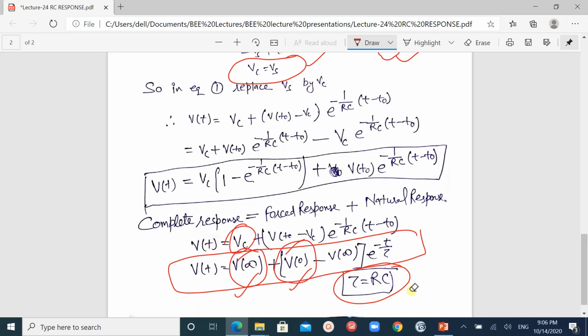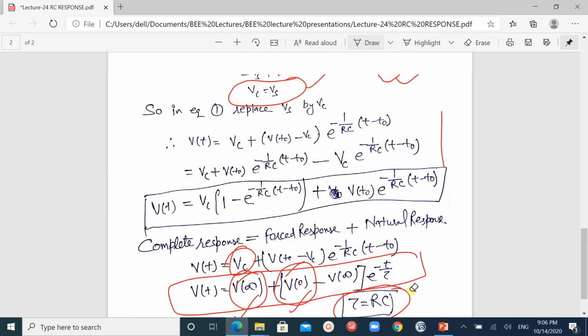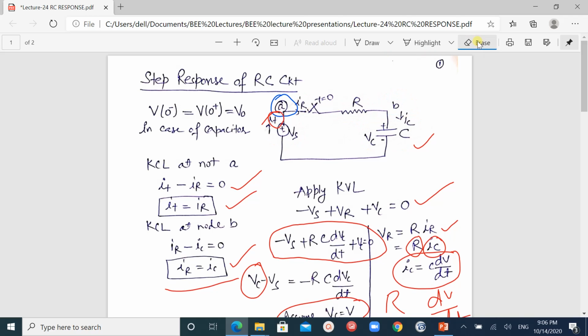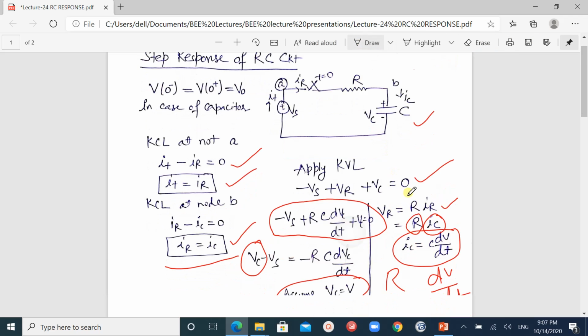In this video we talked about this RC network, where we have an external voltage source, and a resistance and capacitor connected in series with each other, and we proved the derivation.